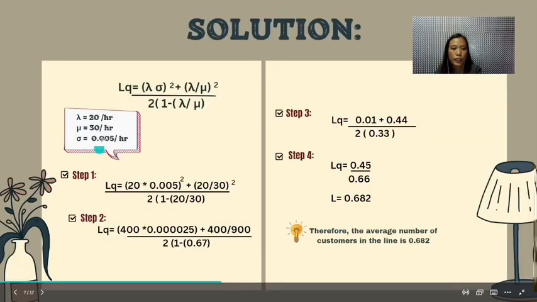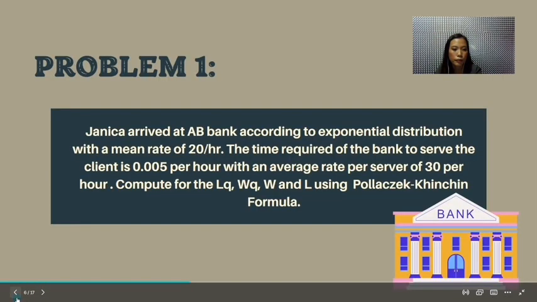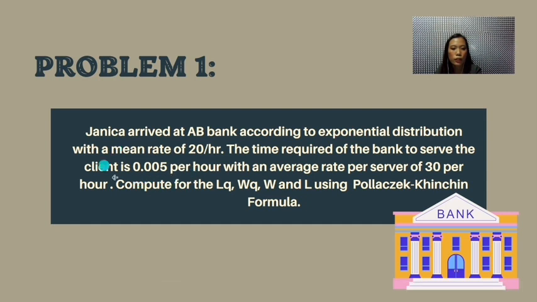Lastly, hanapin naman natin yung variance. This is the service time. So, variance, since from the given problem, the time required of the bank to serve the client is 0.005 per hour, it means na ito yung variance, service times.